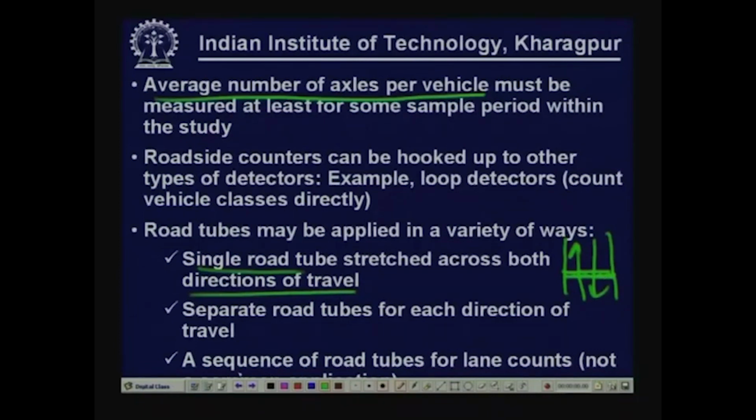Or a separate road tube for each direction of travel, if it is a divided road, maybe with a divider or median in between. So, one road tube here, another road tube there. Or a sequence of road tubes for lane counts, since even in one direction there could be 3 or 4 lanes.